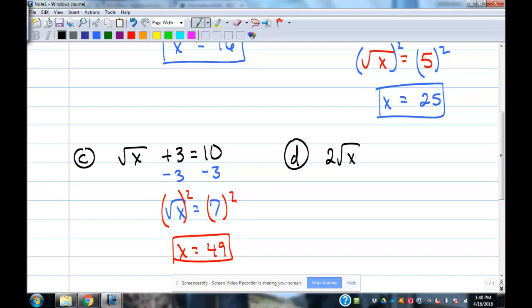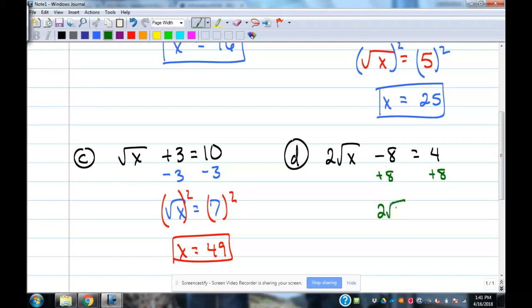2 radical x minus 8 equals, let's go with 4. Which one? Can't divide by 2 yet. Gotta add 8, not subtract 8, but add 8.